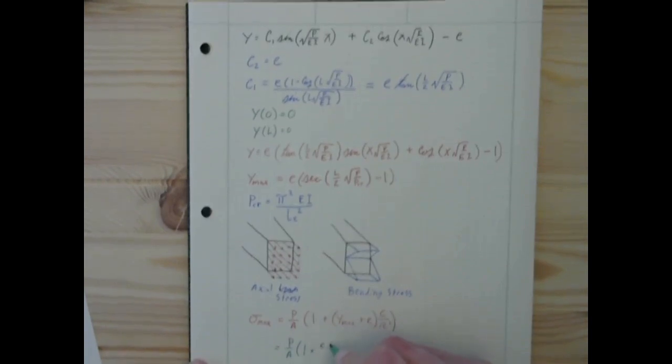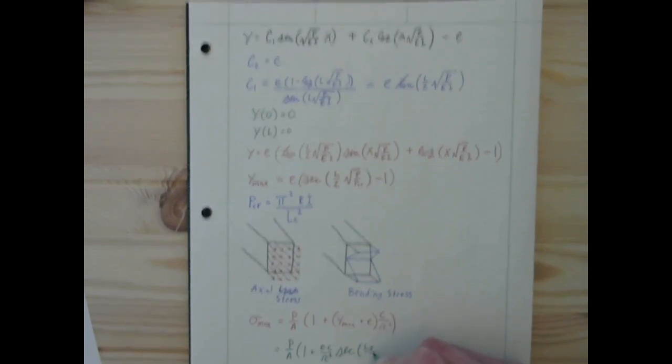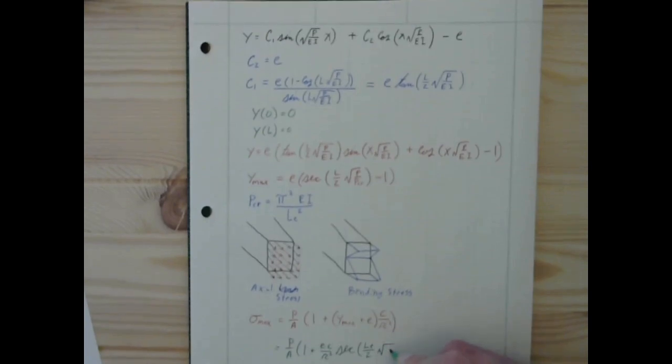Plus E times C divided by, those are two different letters, eccentricity and the distance from the centroid to the furthest fiber, the radius of gyration squared times the secant of the effective length divided by 2 square root P over E A. Alright.